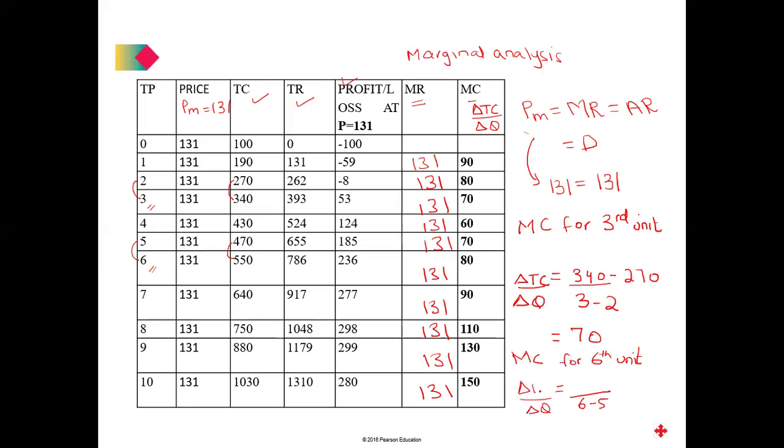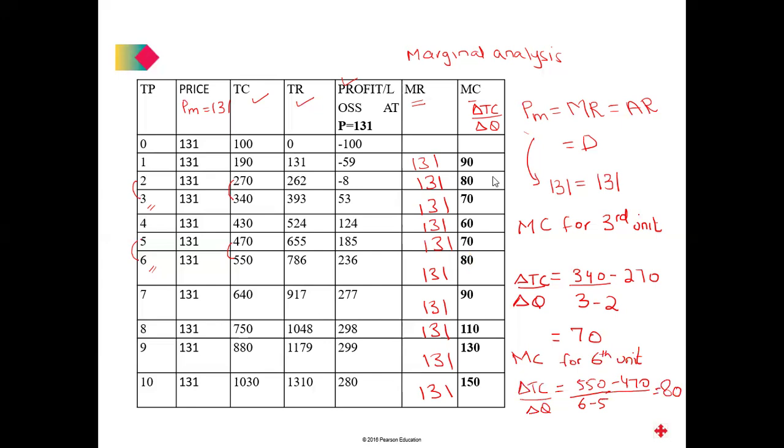The change in total cost is going to be 550 minus 470, and I will get an answer of 80.